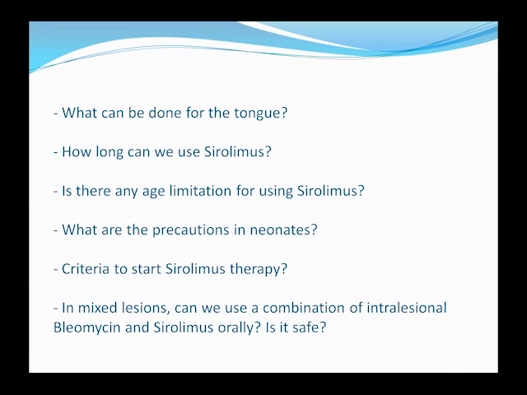So bleomycin should not be the first line of treatment, although bleomycin can be of value if it is macrocystic in nature, not microcystic. So first, sirolimus is the first one. Number two, there is still room for surgery in the tongue. If the tongue is not improving and it is still protruding and the patient is not able to close his mouth, there is a role for glossectomy with all its types that can help these patients.